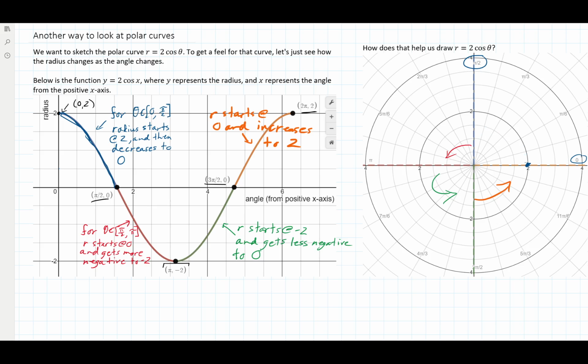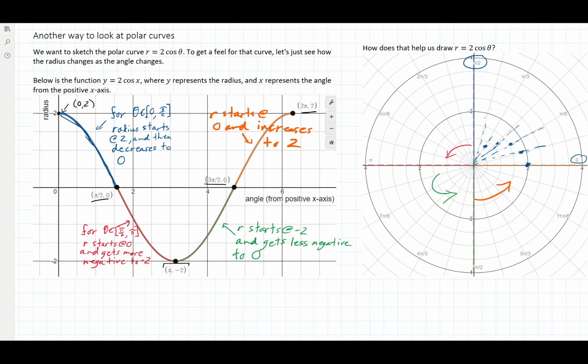But as I go to say maybe this angle right here, which would be pi/12, our radius is going to be a little bit shorter. When I get to pi/6, even a little bit shorter still. To what would this be, pi/4? Again, a little bit shorter. Pi/3, a little bit more.